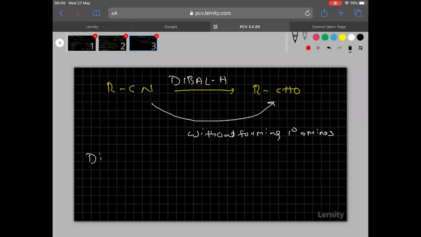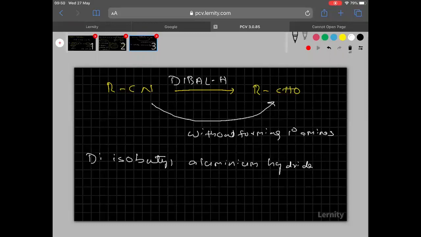Here I am writing its complete name. Di-isobutyl aluminum hydride. This is called DIBAL-H.